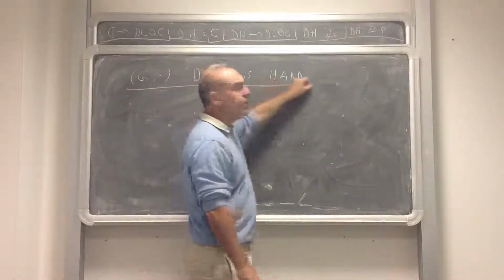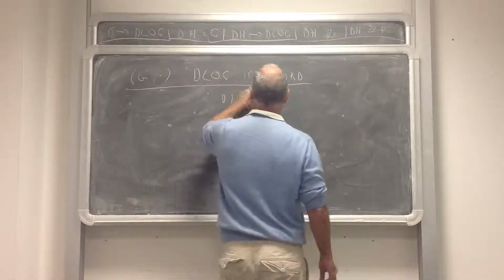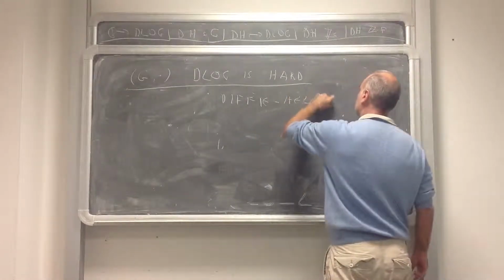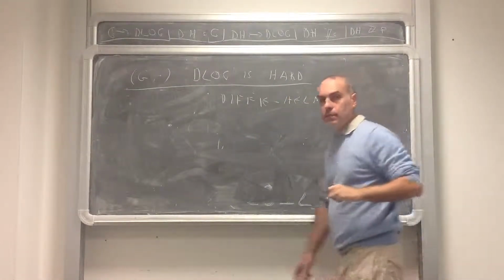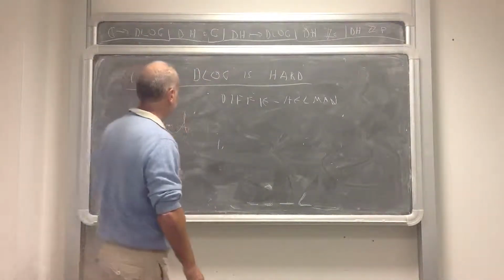Now we can define Diffie-Hellman. Okay, Alice and Bob.